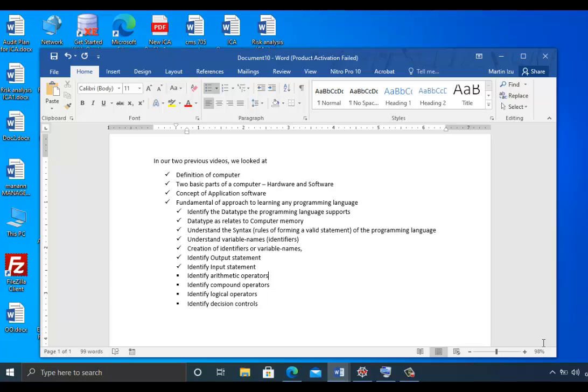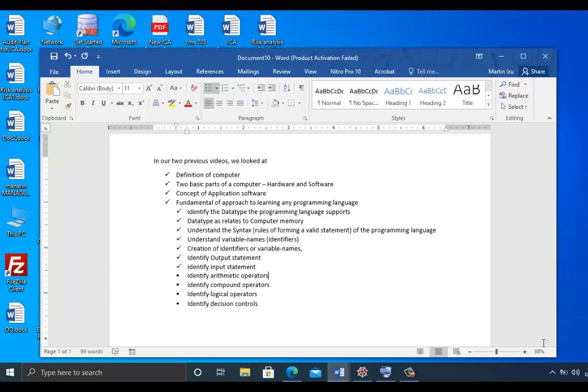The data types help you to understand the kind of data the programming language will be able to manipulate, accept, and store, as the case may be. Then we looked at one or two features of a data type. I used the analogy of cup and jug. Data types of a programming language are key.